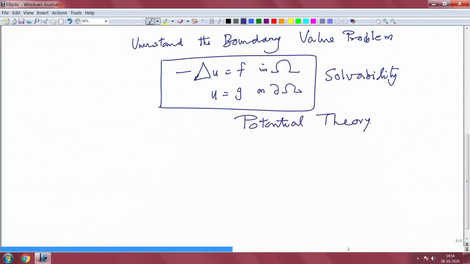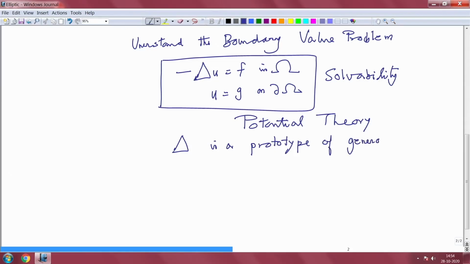The second reason for studying it is a very particular example. It is not just a particular example, it is also a prototype. Laplacian is a prototype of a general second order equation.